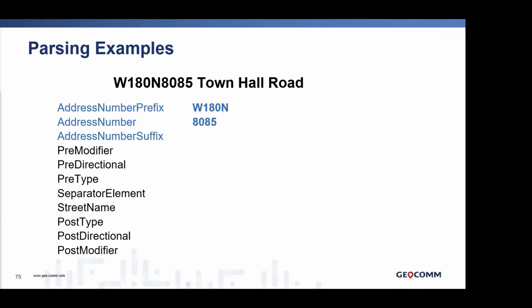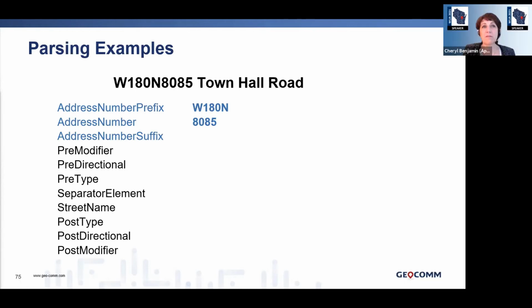Okay, and if you don't hear anything in the next couple of weeks, let me know and I can check on that. So what Fred is talking about is if you actually look at the NENA standard, which is based upon FGDC, they're almost telling you that part of this 80 is really part of your grid cell. So your grid cell might be west 180, north 80.